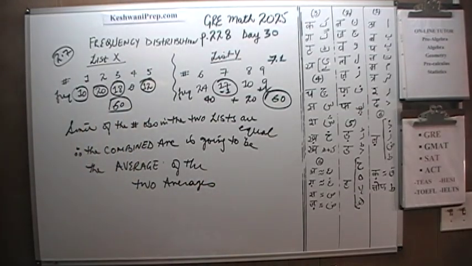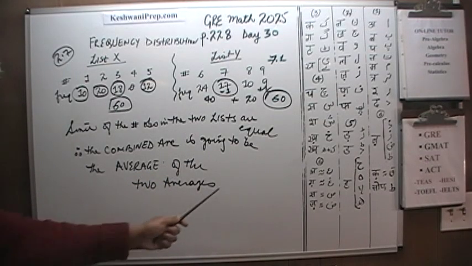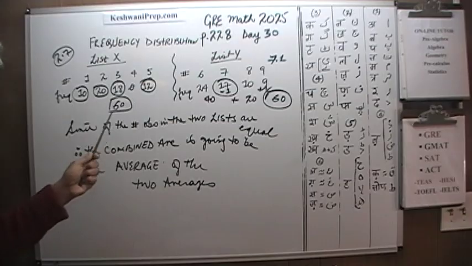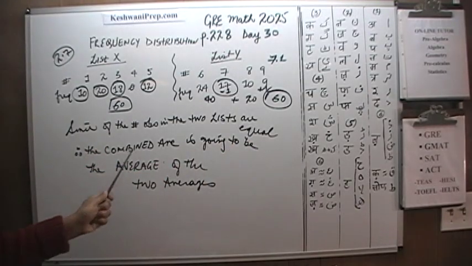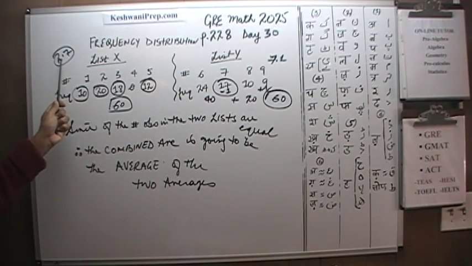That's what we have to understand here. We'll first do the work, and then we'll prove this statement in a second. So because the number of observations is the same, 60 and 60, the combined average is simply the average of the two averages.